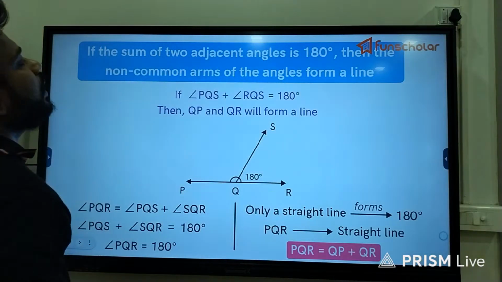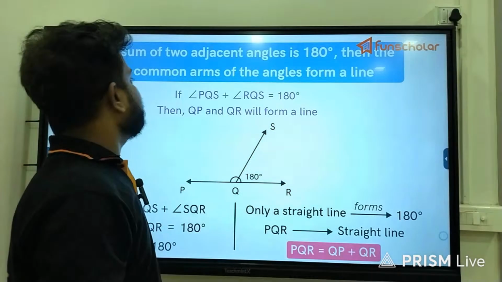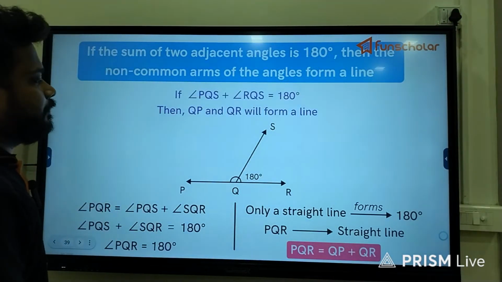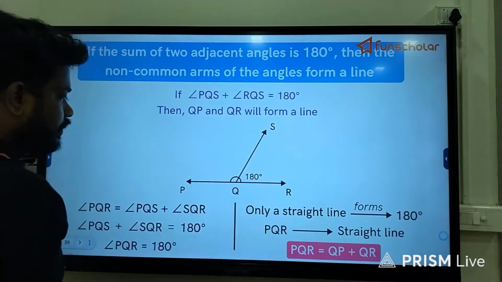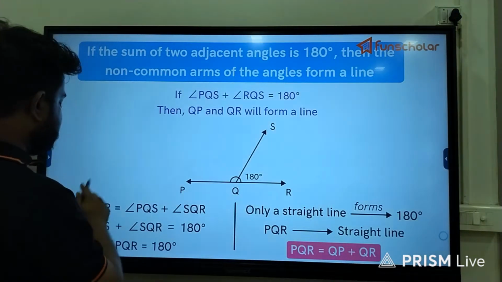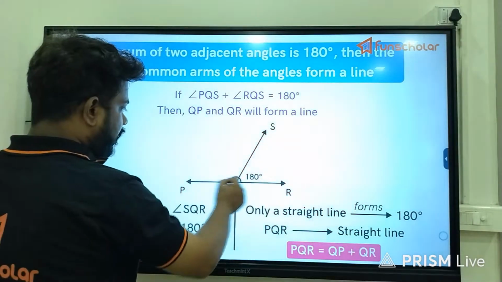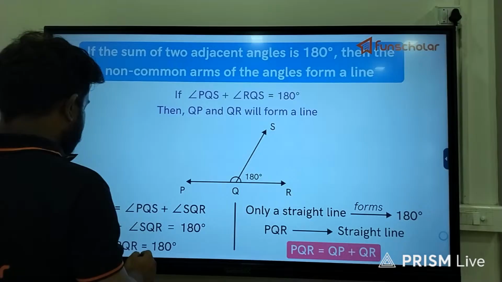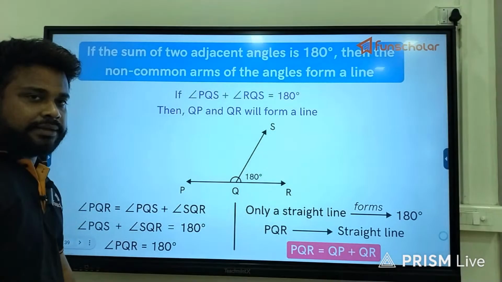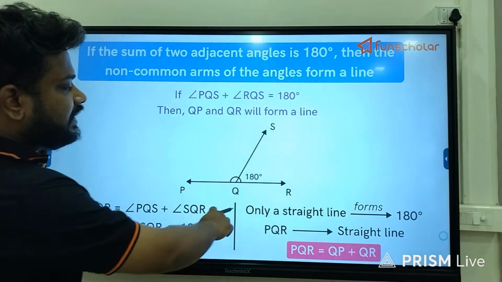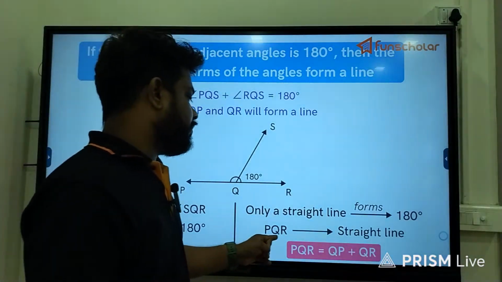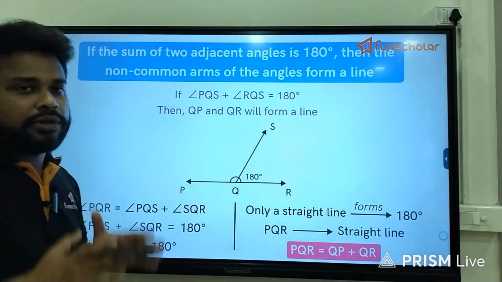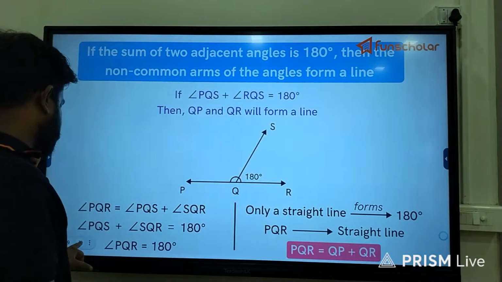If the sum of two adjacent angles is 180 degrees, then the non-common arms of the angles form a line. So for this image, PQR is forming a straight line, made of PQS and SQR. So PQR will be 180 degrees, and only a straight line forms 180 degrees. So PQR is a straight line. This is a small theorem about this topic.